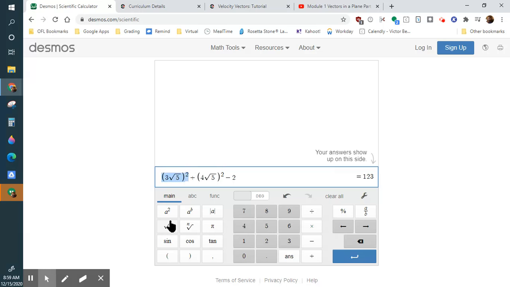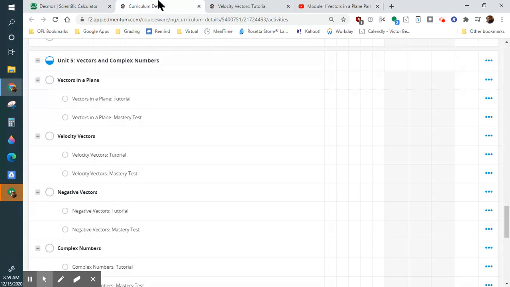I'm lazy, so I'm gonna steal this, paste, paste, cosine of 30. Make sure it's set to degrees, which it looks like it is. So I get 21.07.